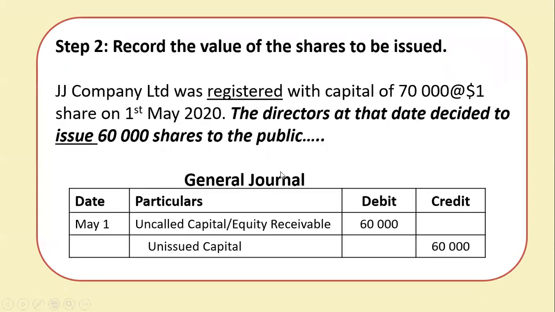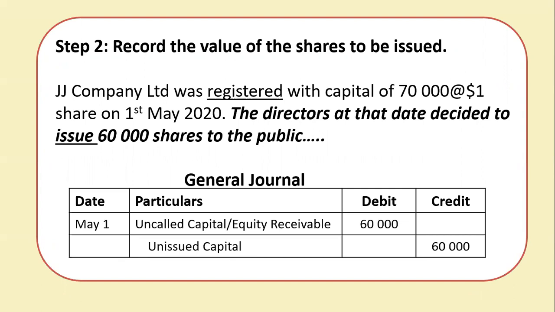And step number 2 is to record the value of shares to be issued. Of the 70,000 authorized to be issued, 60,000 was actually issued by the company. So this is to record the amount of shares issued. We will not be using the entry as issued capital.